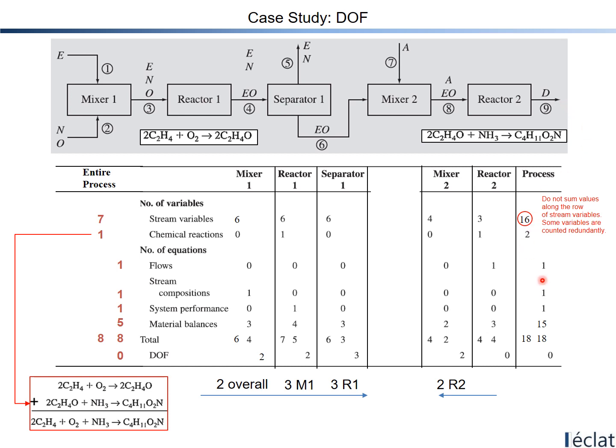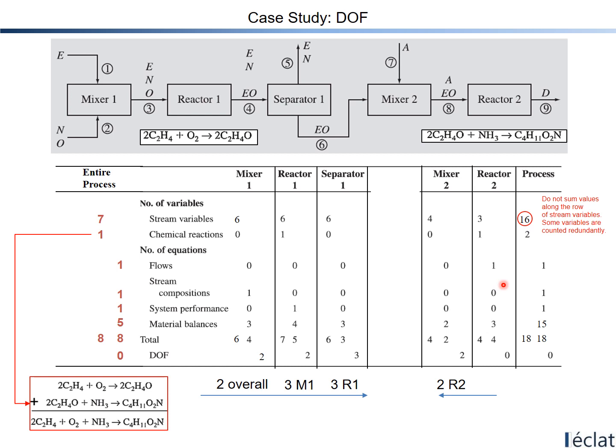So 1 specified flow, that is the basis, and no stream composition, no system performances, and material balance equations. We have 3 compounds, so 3 material balance equations. Then total number of freedom is 4, and the total number of restricts is 4, so 0. Then it means you can solve this problem about the reactor 2.